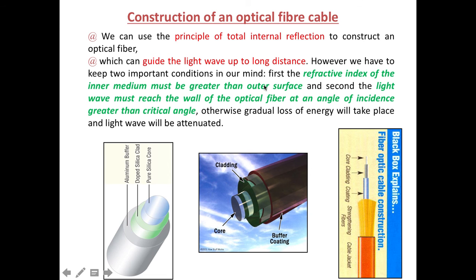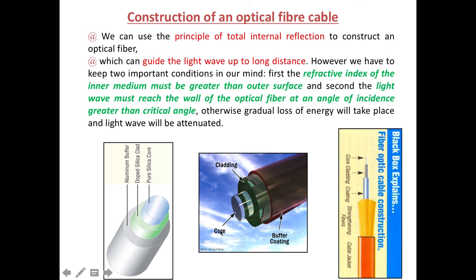And second, the light wave must reach the wall of the optical fiber at an angle of incidence greater than the critical angle. Otherwise, the gradual loss of energy will take place and the light wave will be attenuated. Attenuated means it is decreasing, it is reduced.